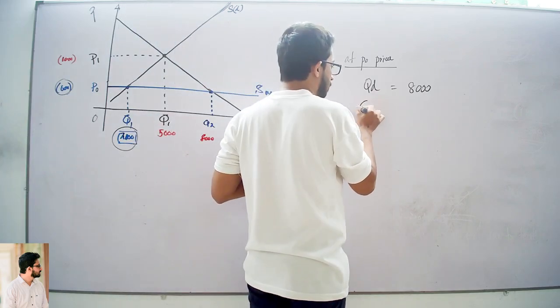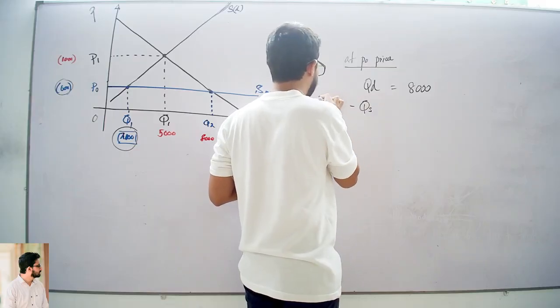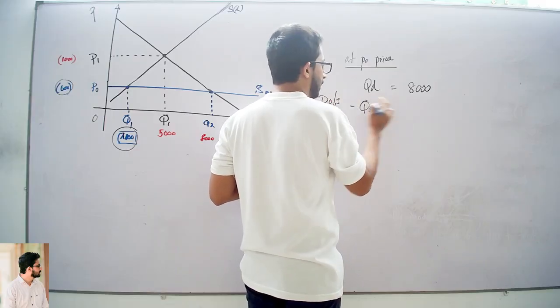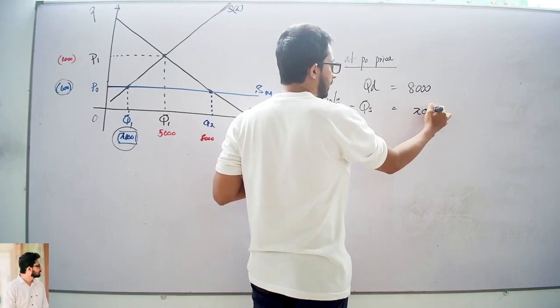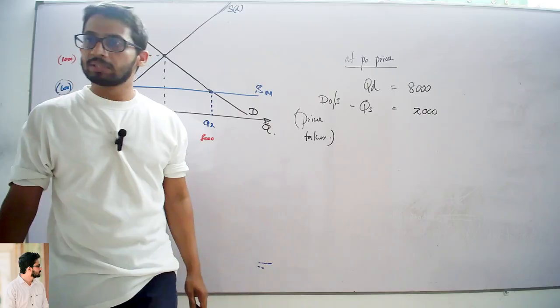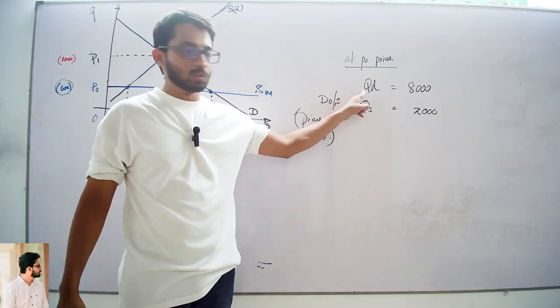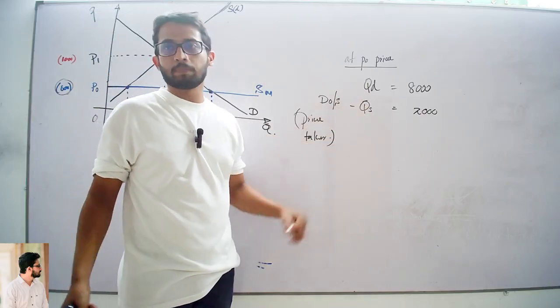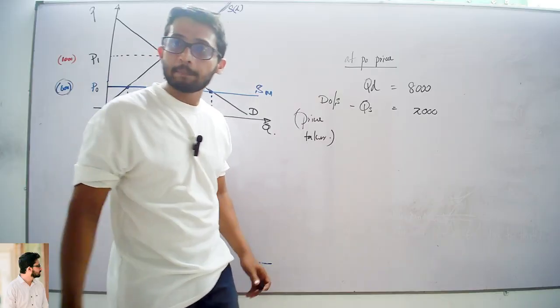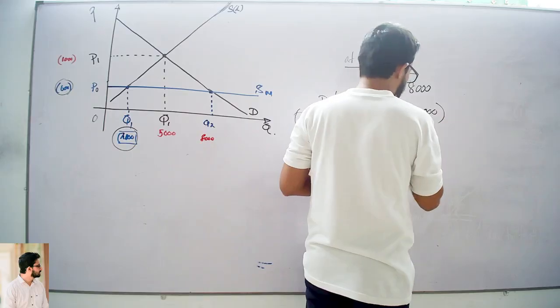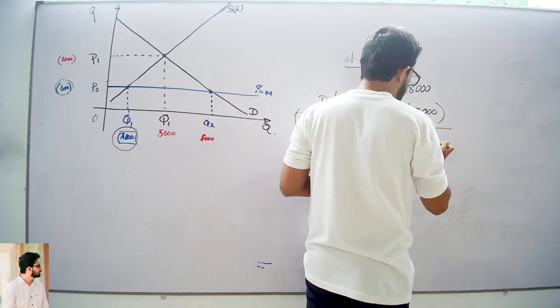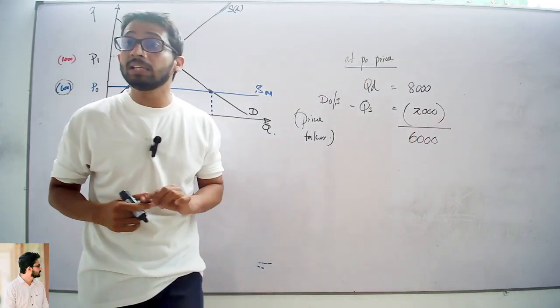Only 2,000 units. Market demand is 8,000, domestic supply is 2,000. Then there is a gap. How much is the gap? 6,000 units. Buddha, this 6,000 unit is the quantity imported.